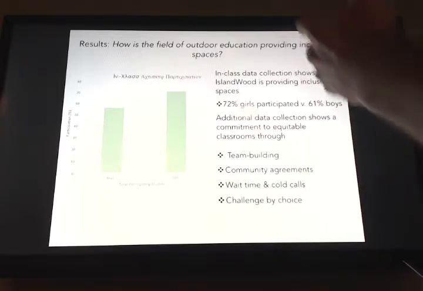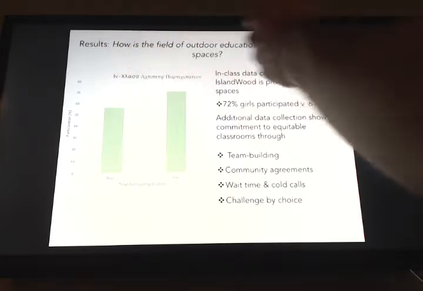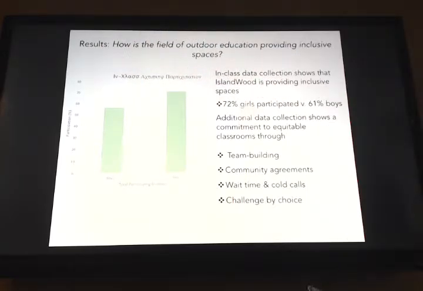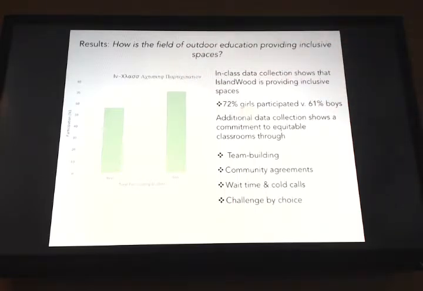Just like I said for the context, your titles here vary from slide to slide, even though you're in the results. I also think that there's an opportunity here to simplify this. I understand why you have the question as your result here. I think that you could probably change it to results: outdoor education and inclusive spaces, or something like that, just to simplify it.